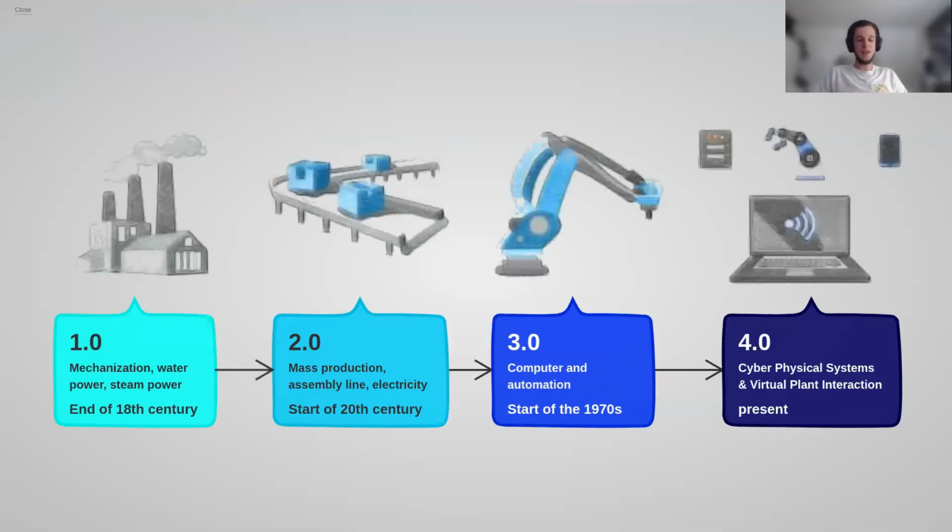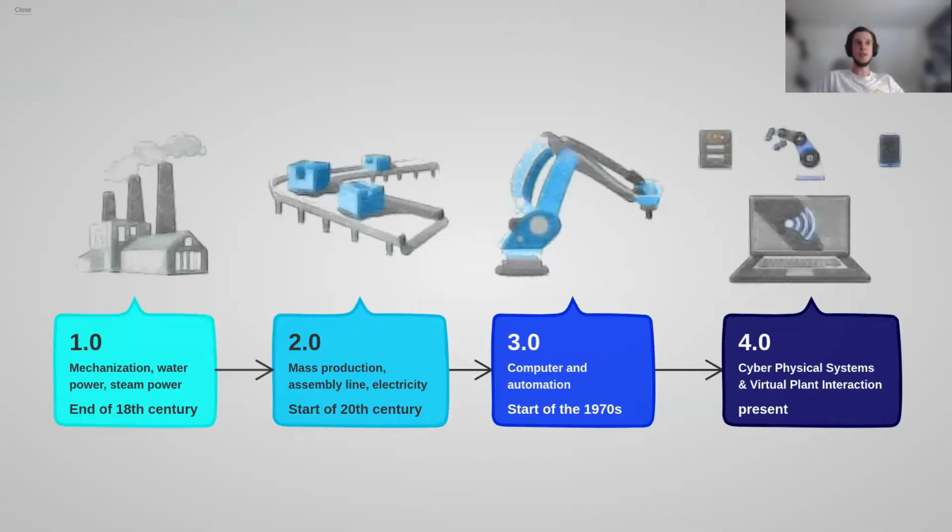To go back in time a little bit, we need to see how our industry evolved in the past. At the end of the 18th century, we had the first bigger factories, weaveries and stuff like this, where we got to the level of first mass production with the help of water power, steam power and mechanization.